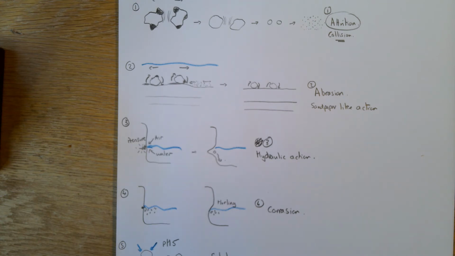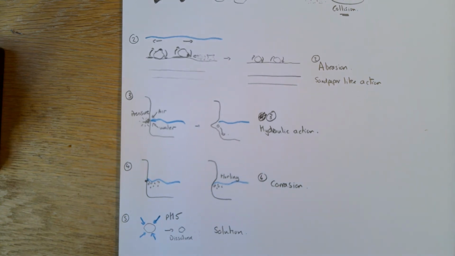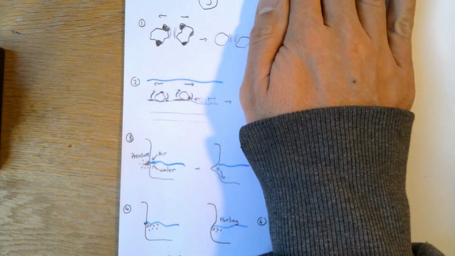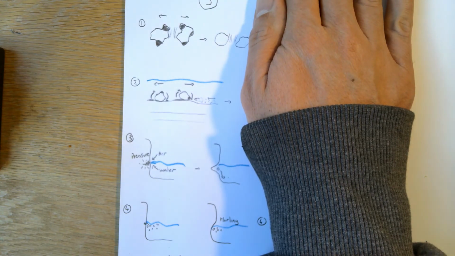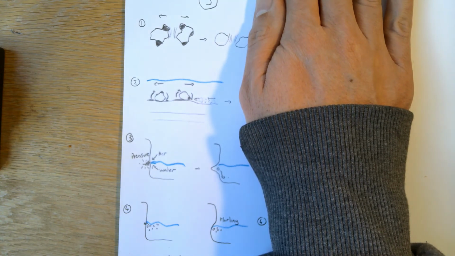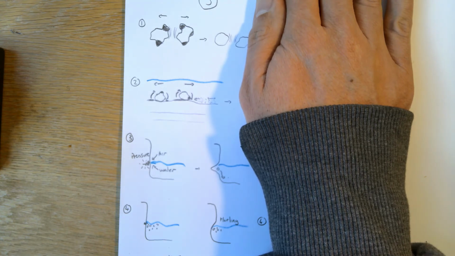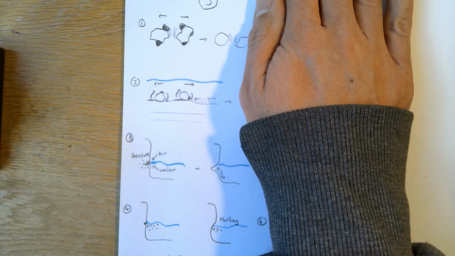Which process of erosion involves dissolving rock in slightly acidic water? Yes, that's right, it is solution, as you can see at the bottom there. Which process of erosion involves material rolling and scouring in a sandpaper-like action the seabed?